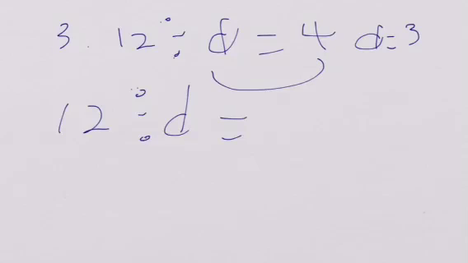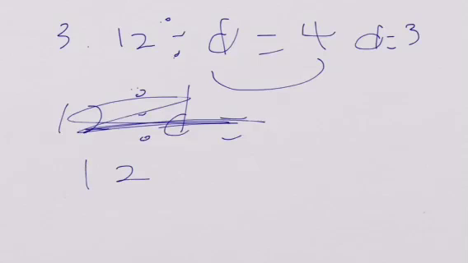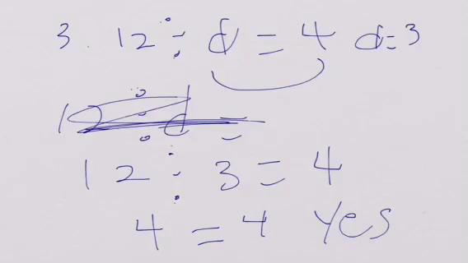Oh, I did it wrong, sorry. 12 divided by 3 = 4, and 12 divided by 3 does equal 4. So this answer is yes. So that was very simple for you to do.